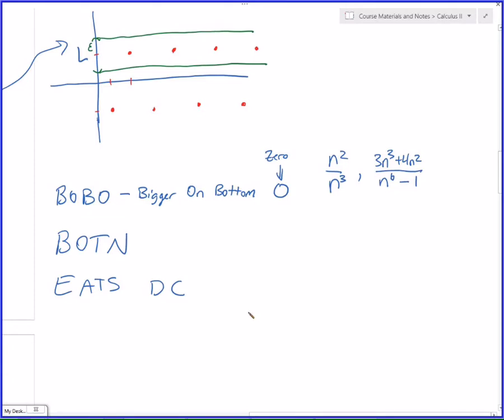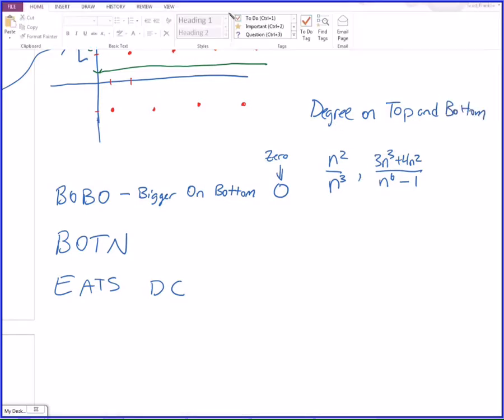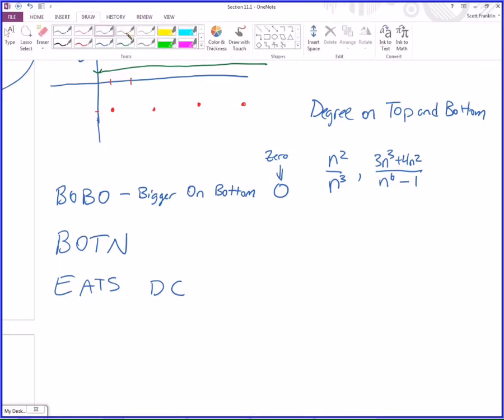I'm looking at rational functions, in this case depending on n, and I'm looking at the degree on top and bottom. Okay, so what's the degree of the top and the bottom?